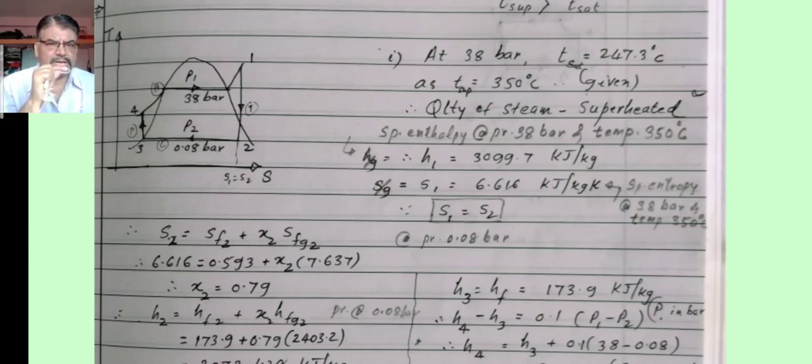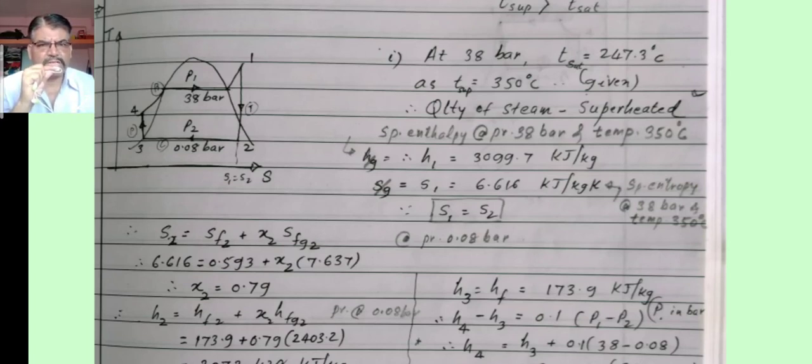Between 1 to 2 there is the turbine, 2 to 3 the condenser, 3 to 4 the pump, and importantly between 4 to 1 there is the boiler. We know the heat is supplied at constant pressure, so from the liquid state there is a change in phase, meaning latent heat is being added.